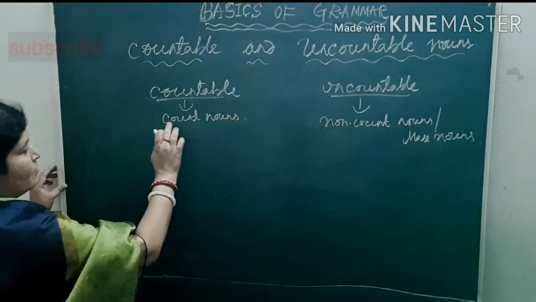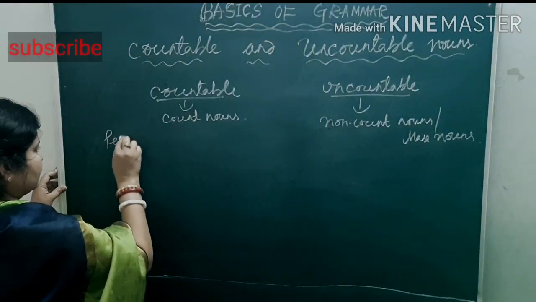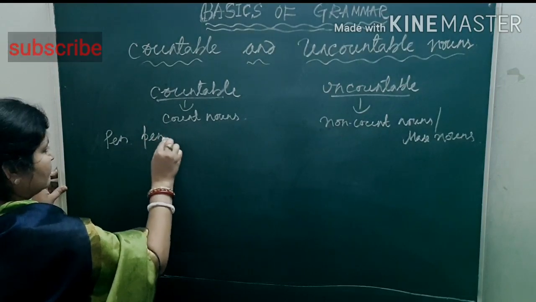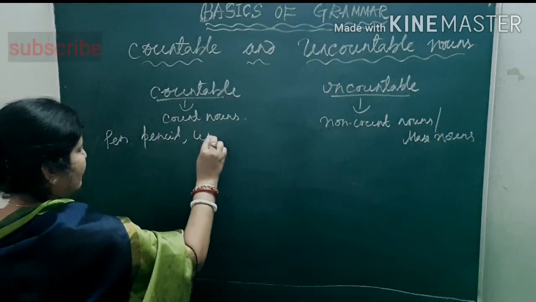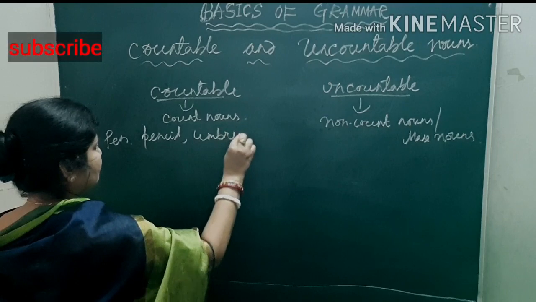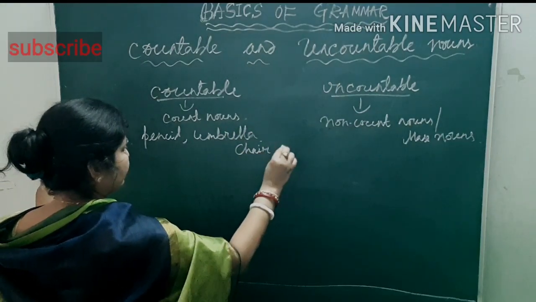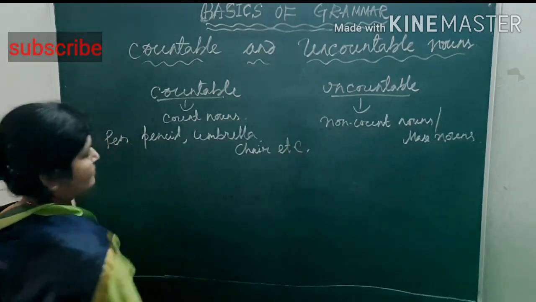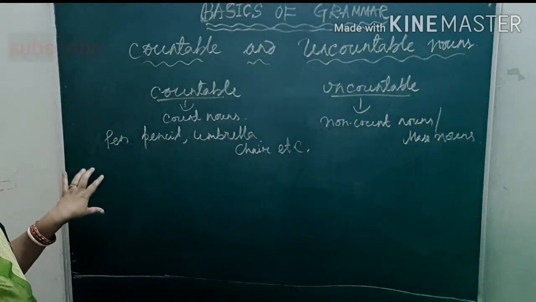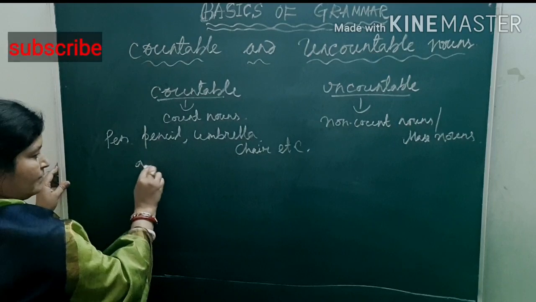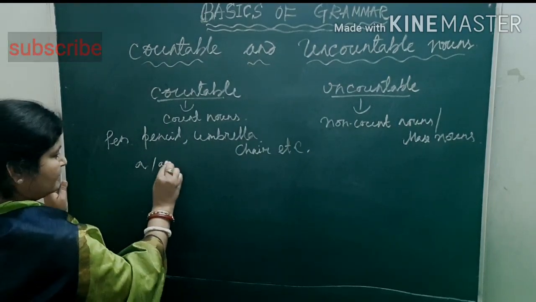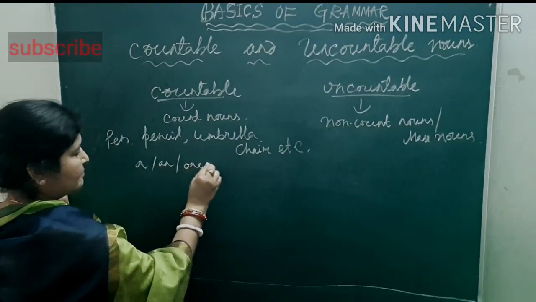Examples of count nouns are pen, pencil, umbrella, chair, etc. With these countable nouns, we can use a, an, or one.